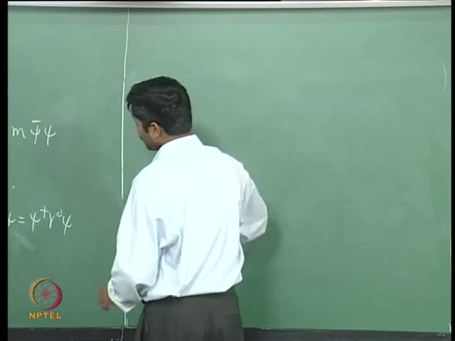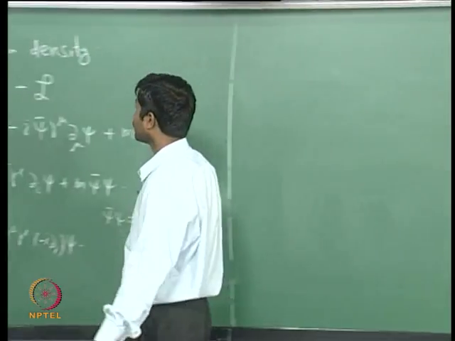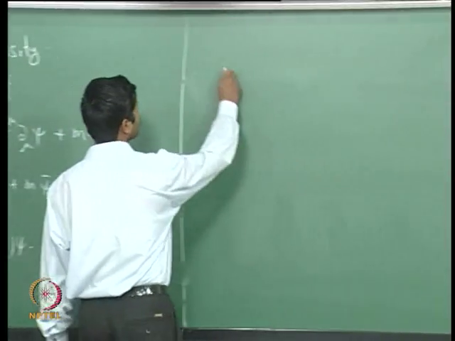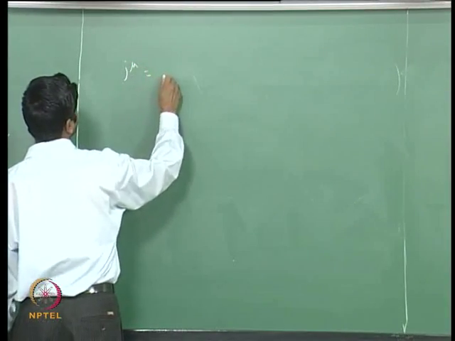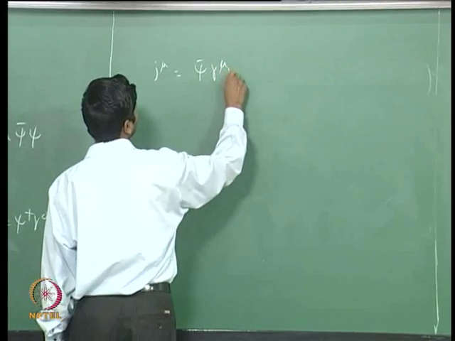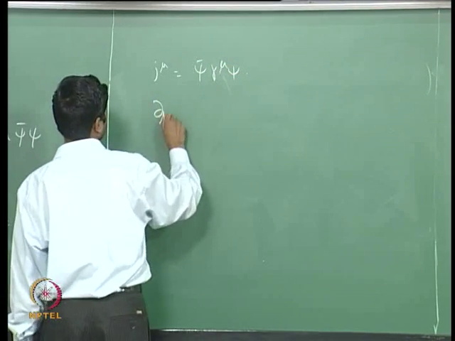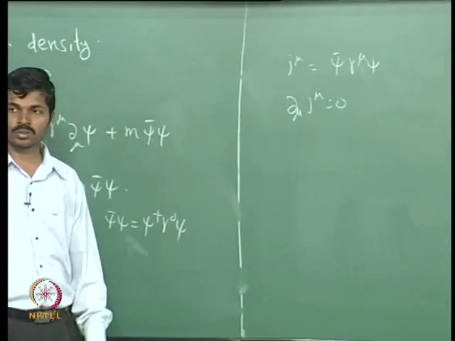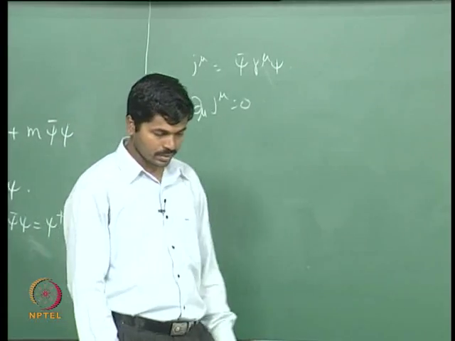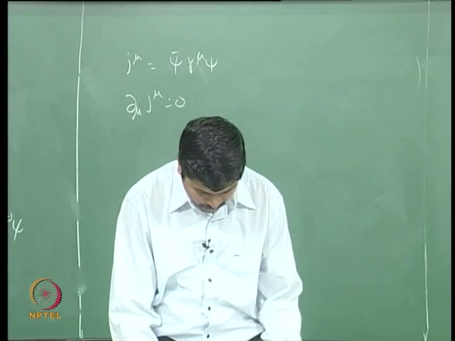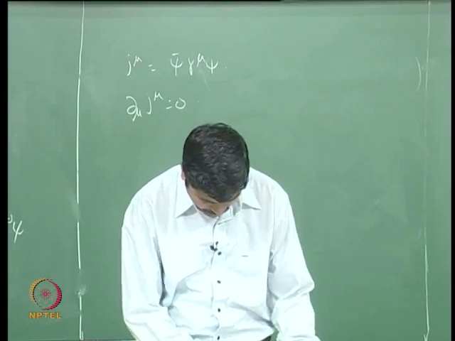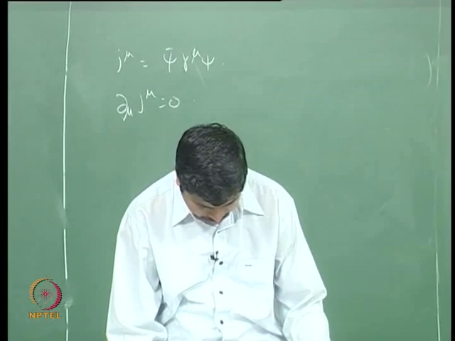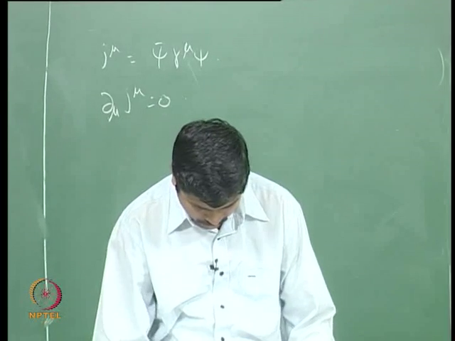There is a U(1) invariance, and then you can show that there exists a conserved current J mu, which is given by psi bar gamma mu psi and del mu J mu equal to 0. I will not do this for you, and you can construct various quantities like the momentum and so on.